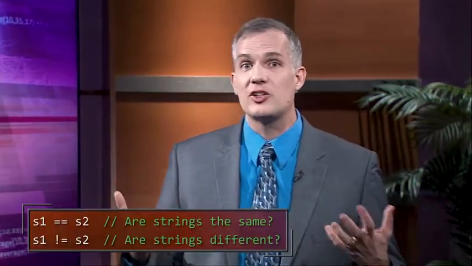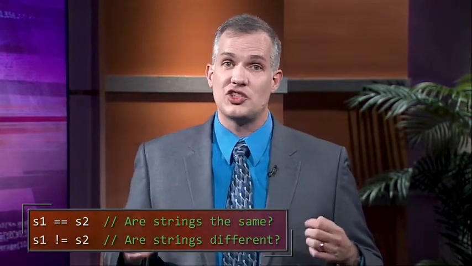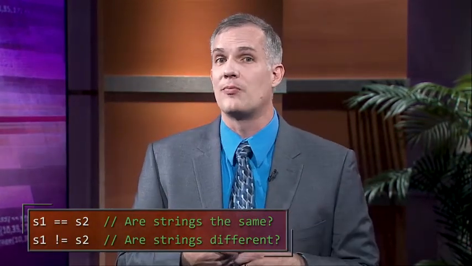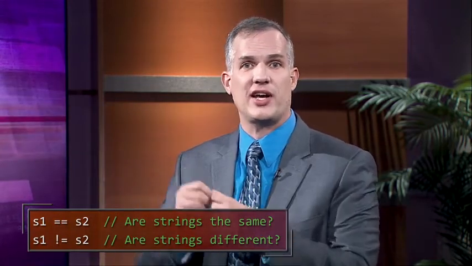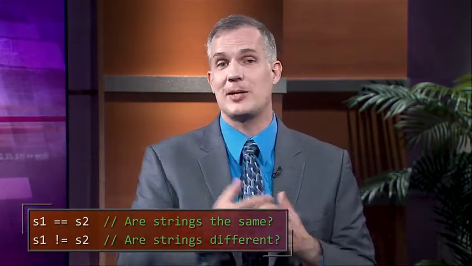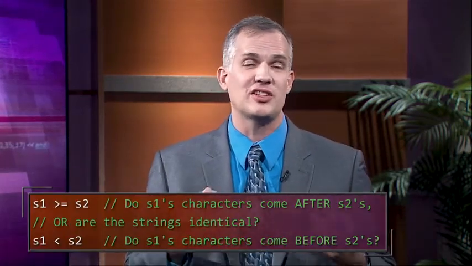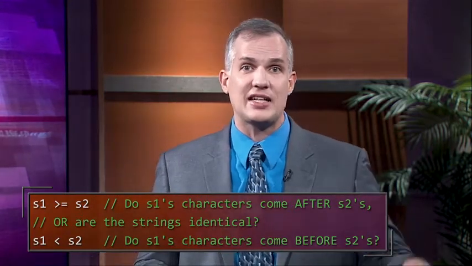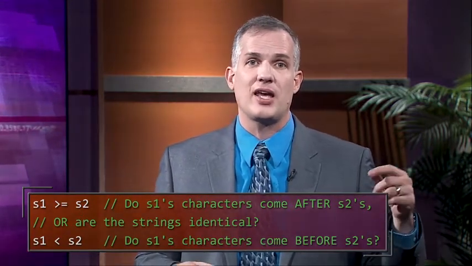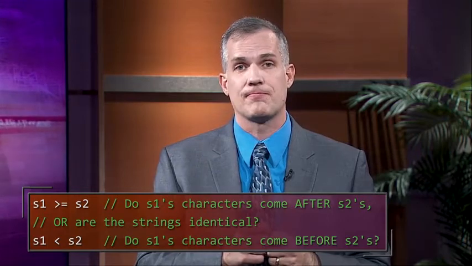Strings can be compared to each other as well. We can check whether two strings are equal. Checking whether two strings are equal means that every character has to be checked to see if it matches. And it's the same for not equal. Comparing less than or greater than is a little trickier. What they really mean is that we consider the ASCII characters and whether they come before or after.